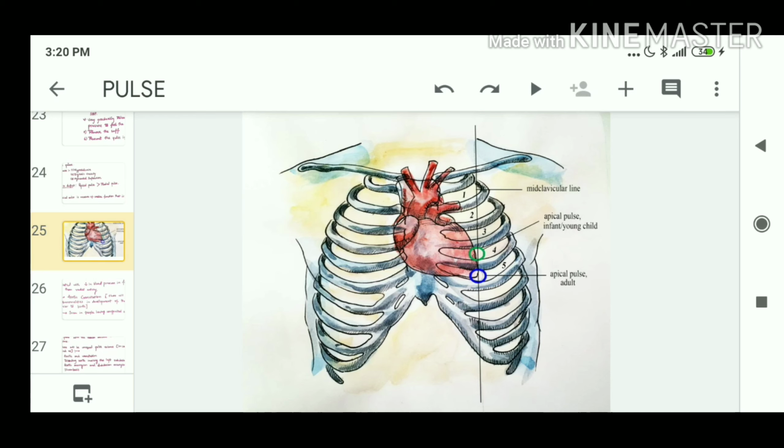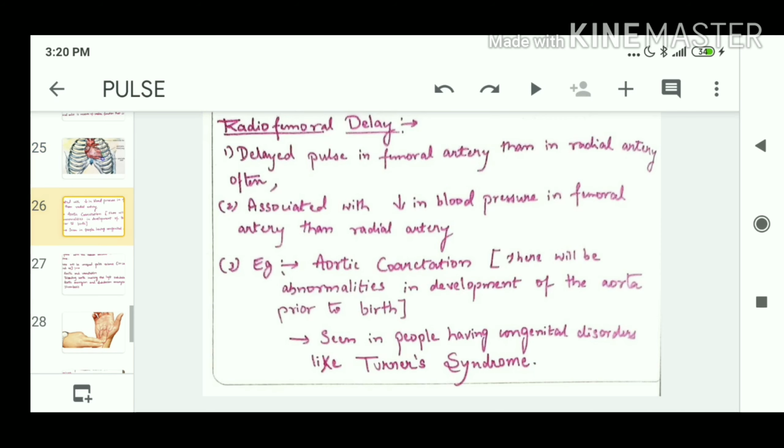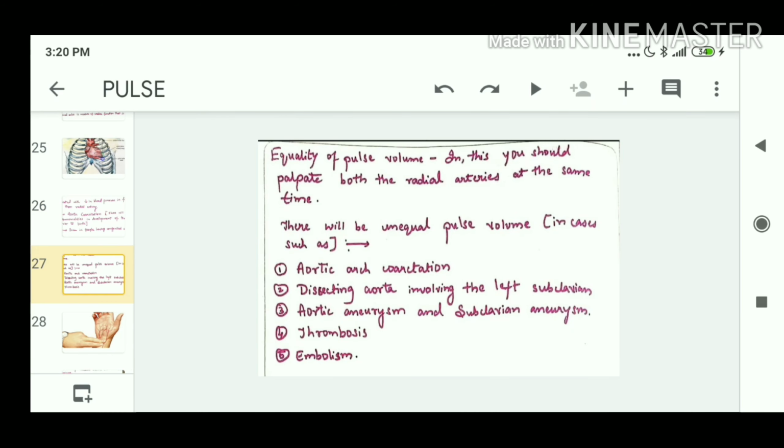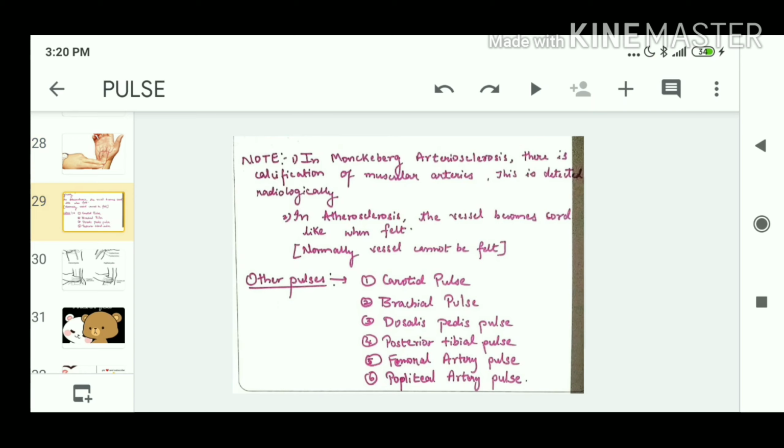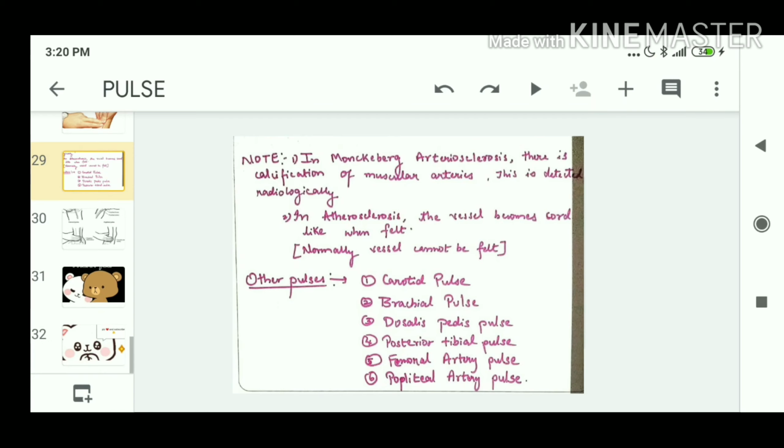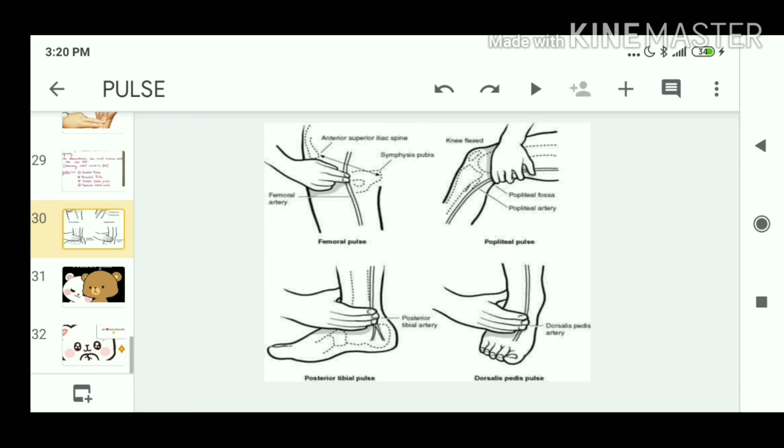You saw where you can find the apical pulse, radiofemoral delay, and next equality of the pulse volume, where you have to see the pulse of both hands of a patient, radial pulse, then the conditions, then other pulses like carotid, brachial, dorsalis pedis, posterior tibial, femoral artery and popliteal artery pulse.